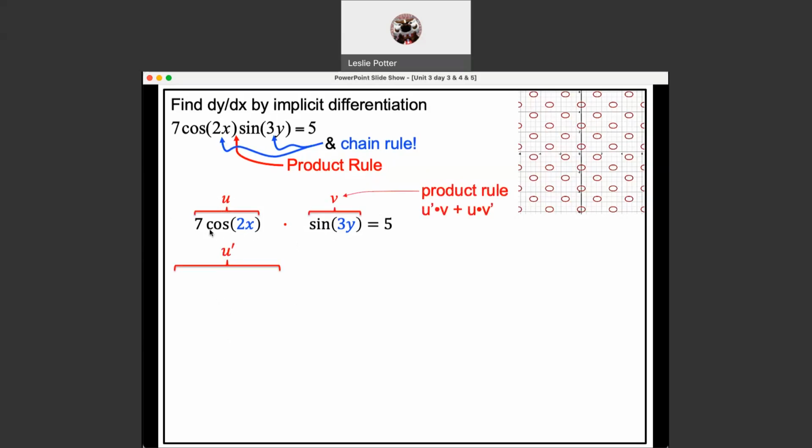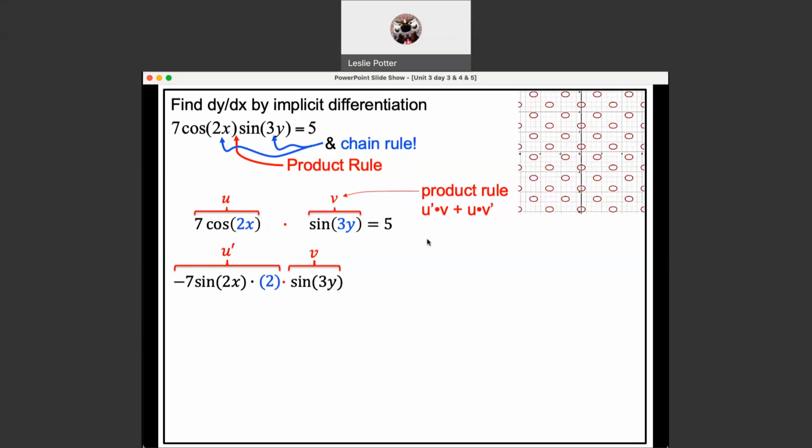My u prime would be differentiating this. I'm going to need a chain rule. So the outside derivative is going to be negative 7 sine 2x times the inside derivative, which is 2. So there's my u prime, right? Derivative of the outside times derivative of the inside with that chain rule. And then I have to multiply times v, so times sine 3y.